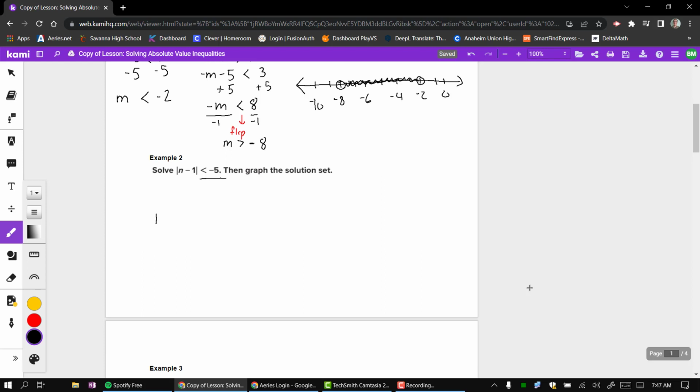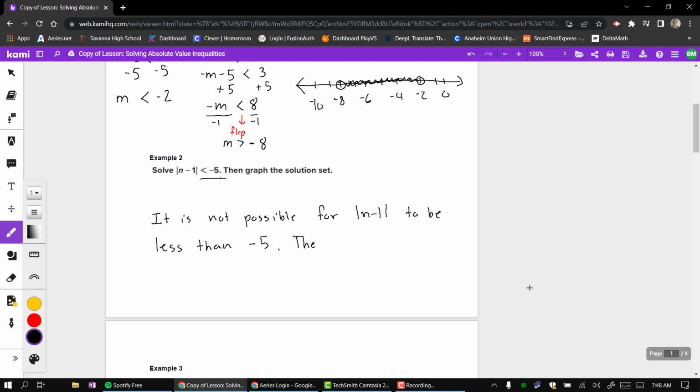So it is not possible for the absolute value of n minus 1 to be less than negative 5.